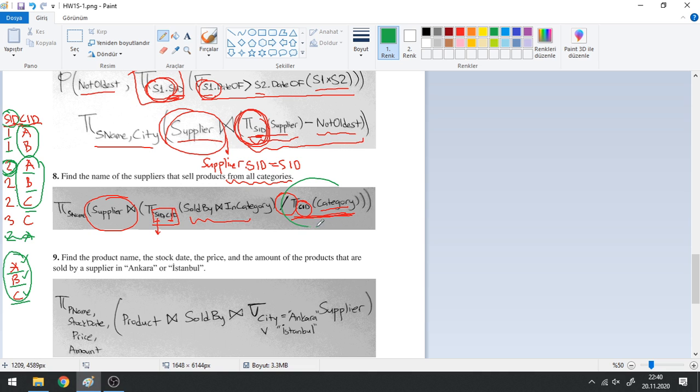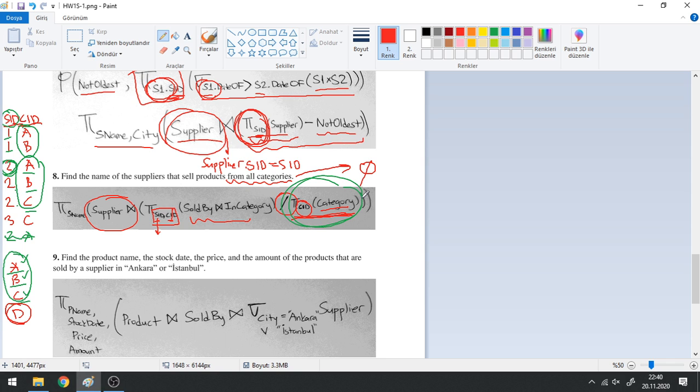But the important thing is that I need to divide by the category, because let's say in some case I also have an additional category. Let's say this is the computer category, but let's say nobody is selling from the computer category. Then the result of these queries should be null.